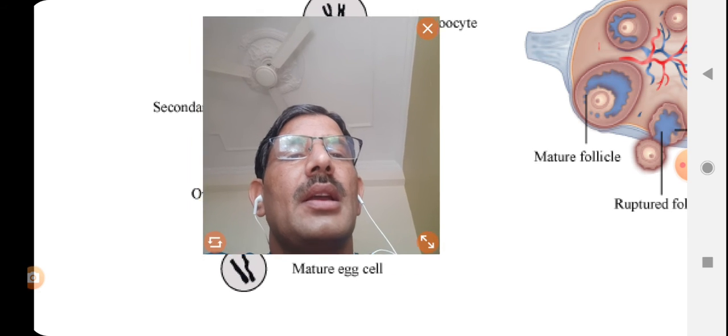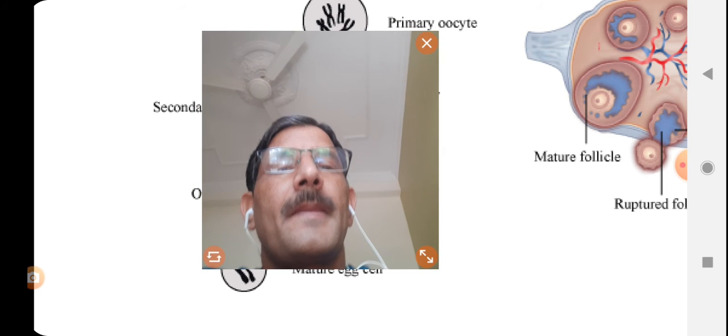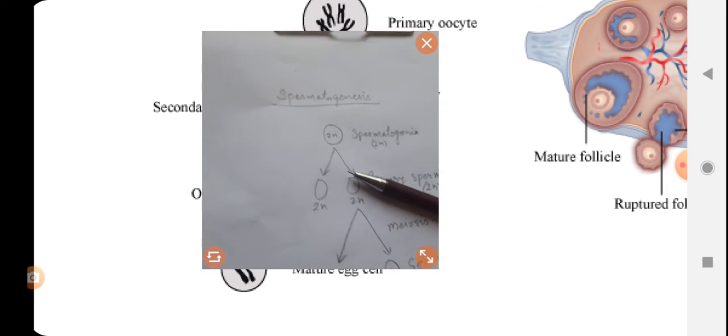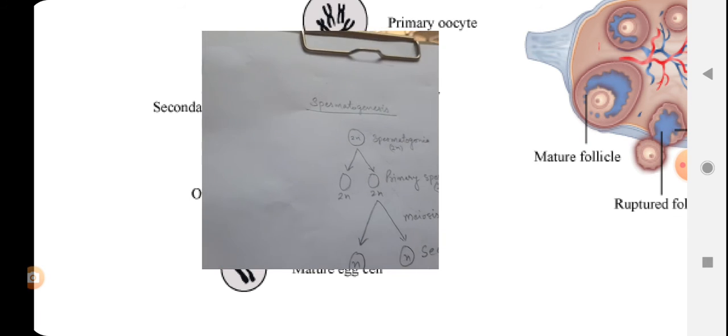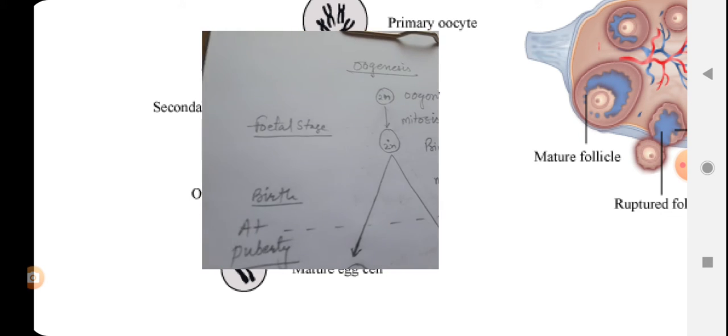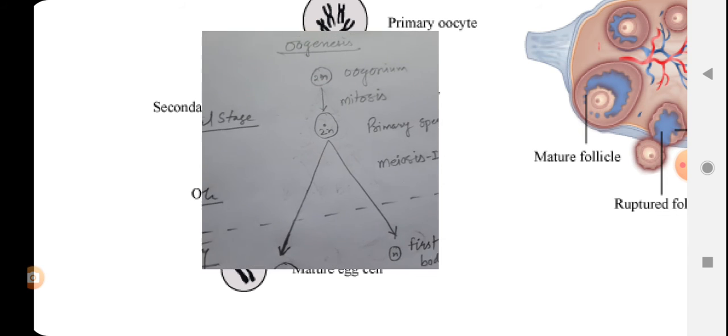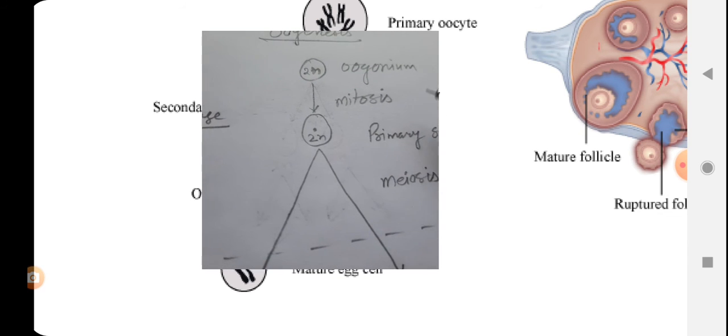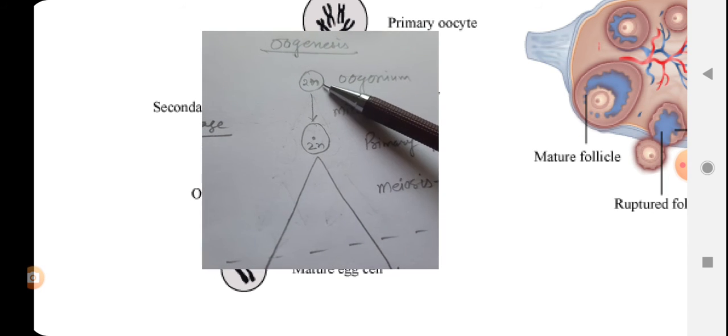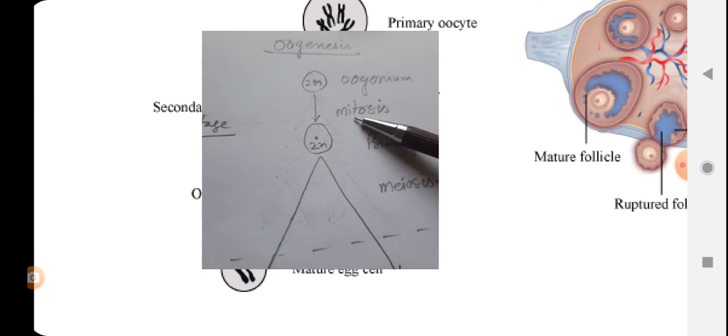Focus on the camera again. See, oogenesis. Oogonia cells, then mitosis occurs.